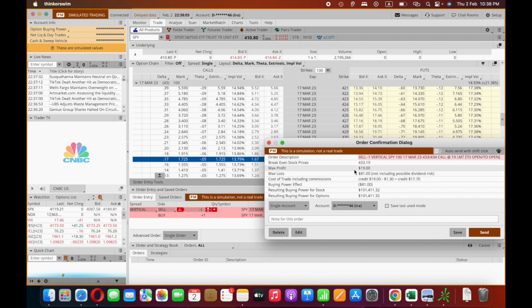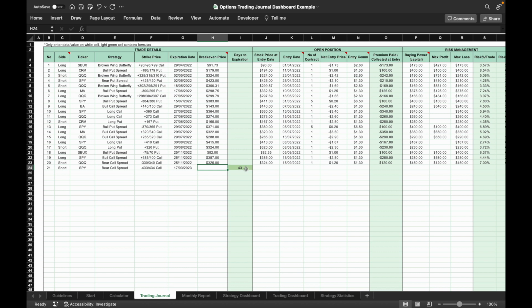So the break-even price is 433. The stop price at entry is around 410 and I'm entering today on 2nd of February 2023 with one contract.